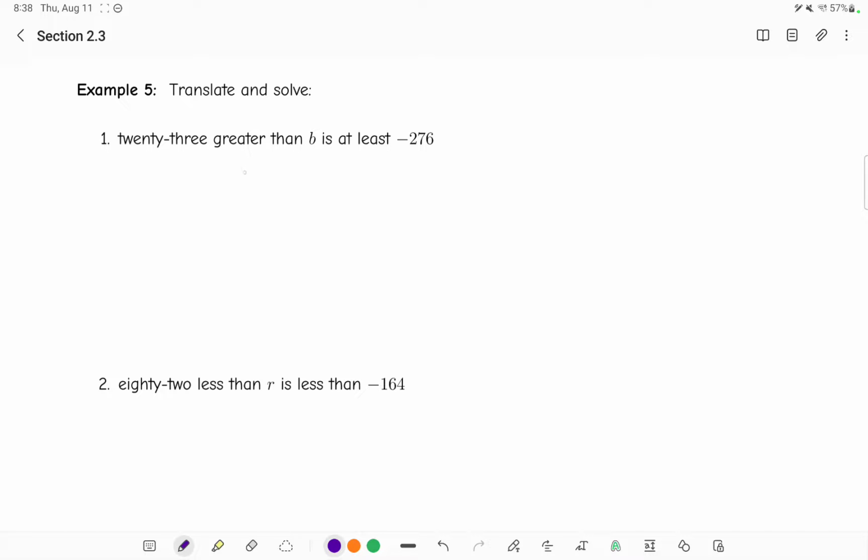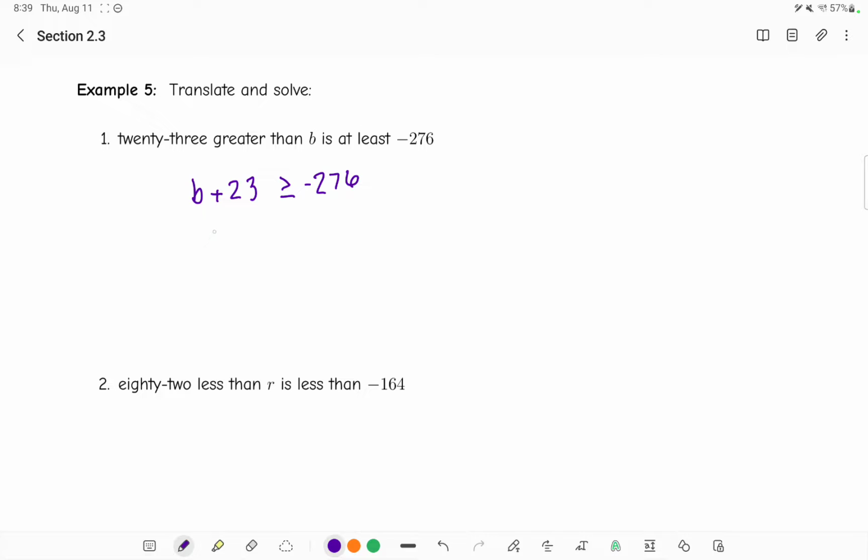That doesn't mean the greater than sign. It would have to say 23 is greater than b to mean the greater than sign. This actually means b plus 23. Then it says is at least. So at least, remember, was the keyword for greater than or equal to negative 276.